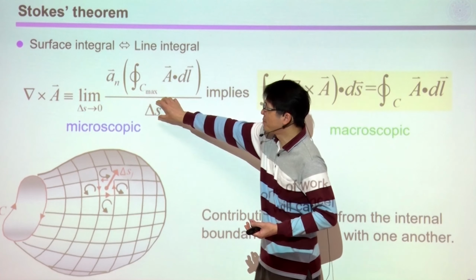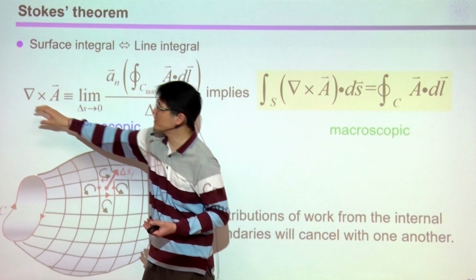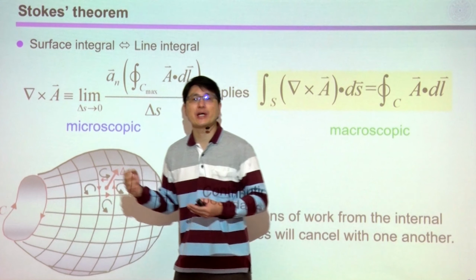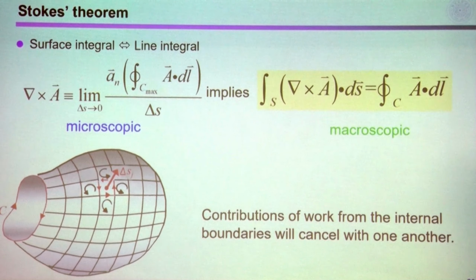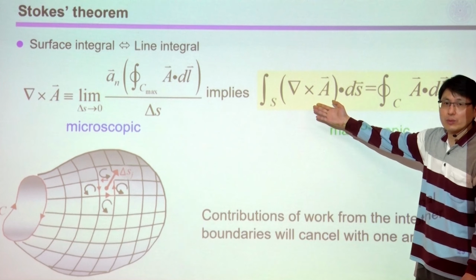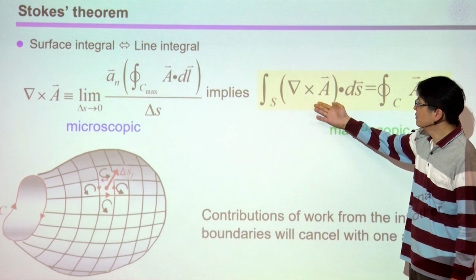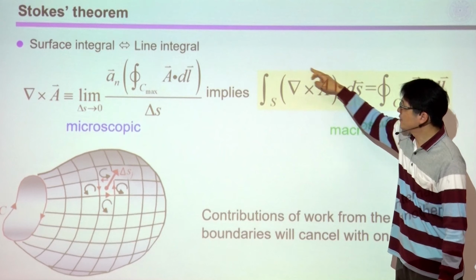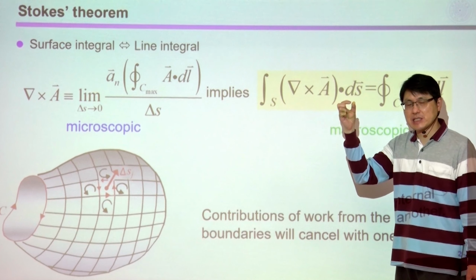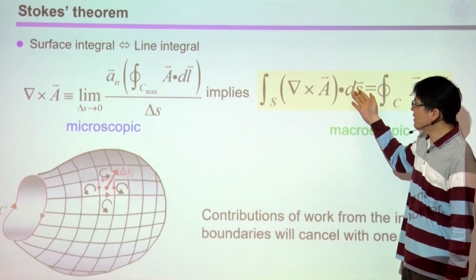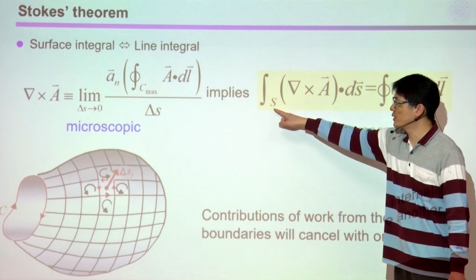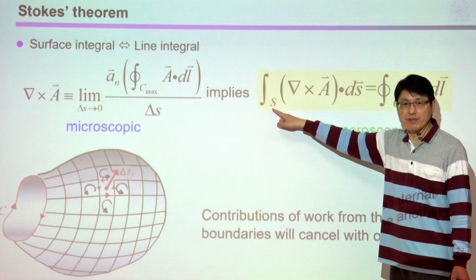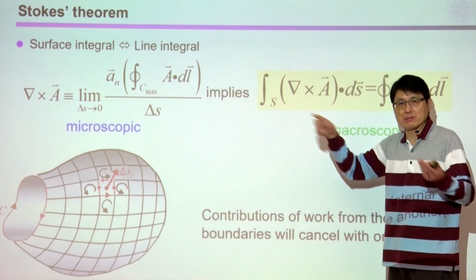So I can move my differential surface to the left-hand side, and then I perform integration for all the surfaces. That's what I'm doing now. I evaluated the net circulation for each differential surface, and eventually I want to add them all up. So I perform a total surface integration, two-dimensional.